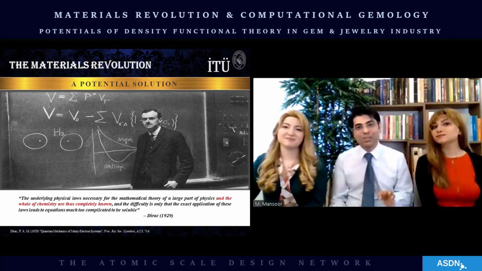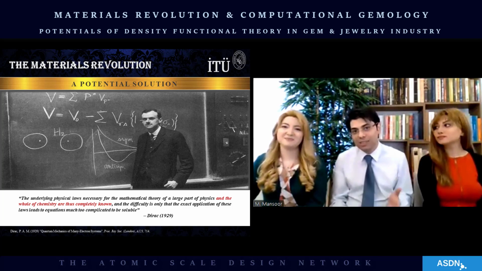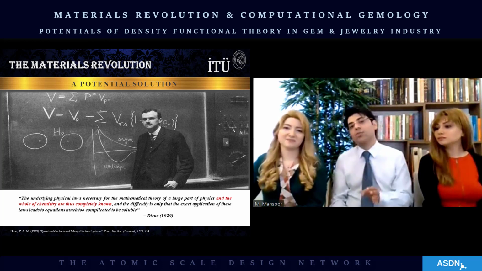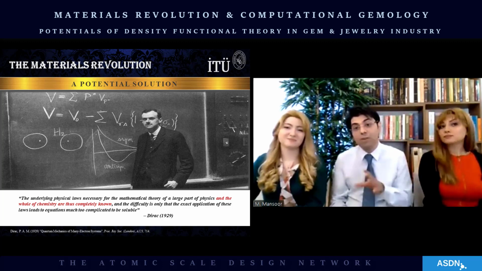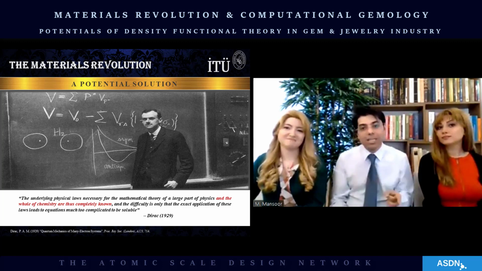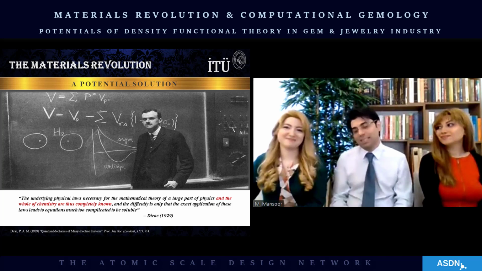This is so beautiful and true. I mean, Paul Dirac had envisioned, in fact, that theoretical calculations of all material properties is a possibility. But it's the complexity of the physics behind it, which means that it becomes extremely difficult. However, some things have changed since those days in 1929, which we will come to in a bit.